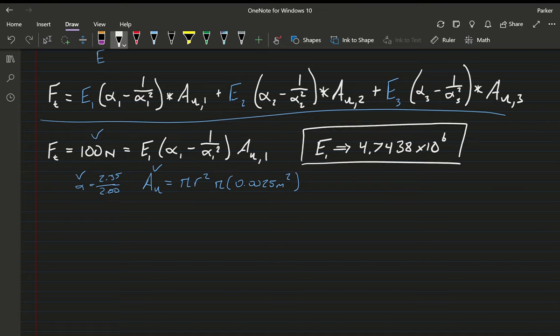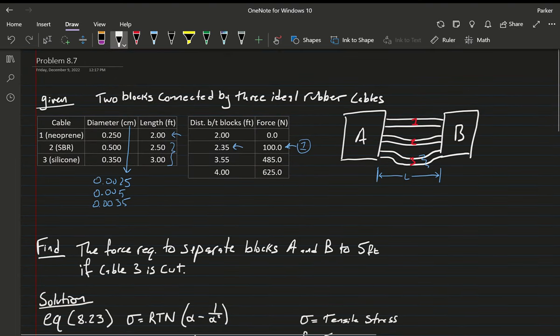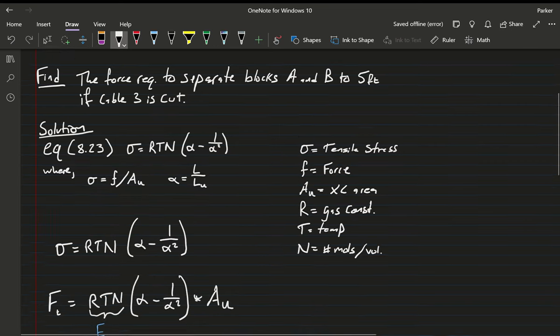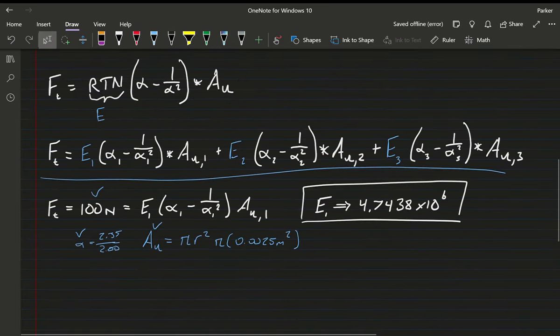Okay, so we have one of our unknowns. Using this table, we can see that we have all of the information to solve for all alphas in every case, and all of the information to solve for every cross-sectional area of every cable. So at any point we know the force, we know our E1, we know our alphas, and we know all of the cross-sectional areas.